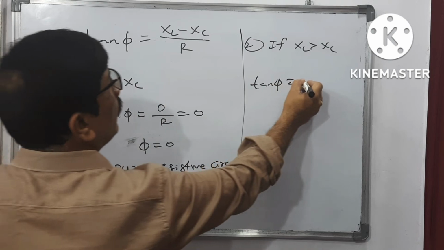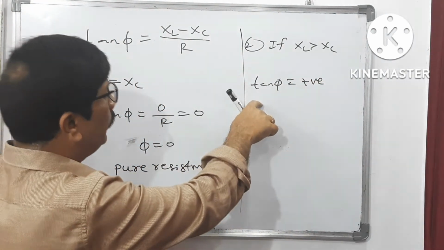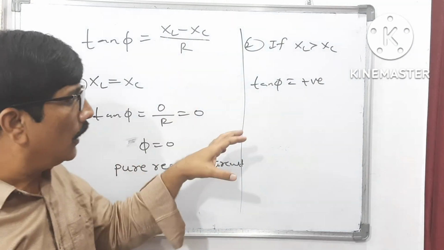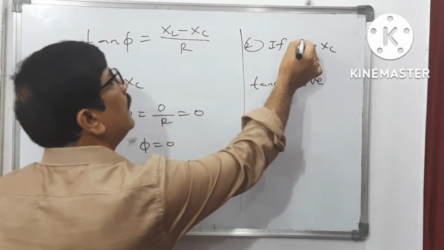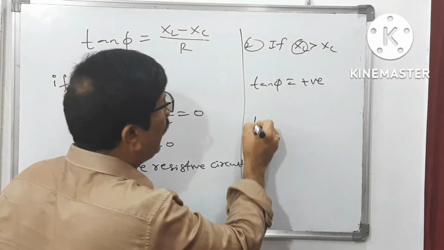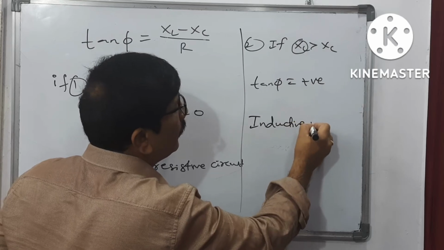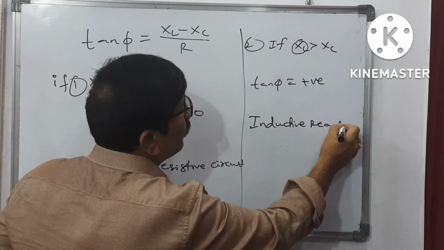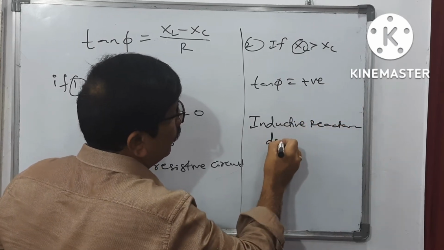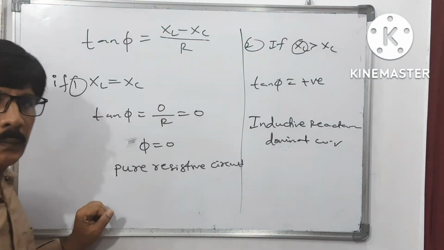That means in this circuit, which is dominating? The inductive reactance. So it is an inductive reactance dominating circuit. This is a special case.